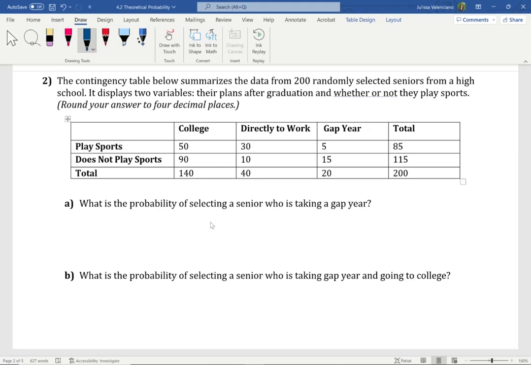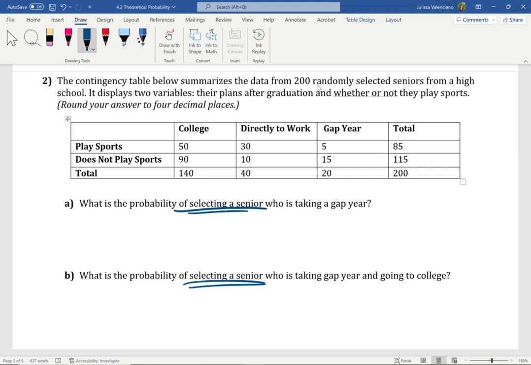We're going to be asking ourselves for the probability of selecting a senior out of the 200 such that, and then we're going to have some characteristics about that senior. Here, the random process is selecting a senior from the 200. Let's say that Julissa is one of the 200 students, and Samantha is one of the 200 students, and we can have Jose, Matthew, Justin, right?